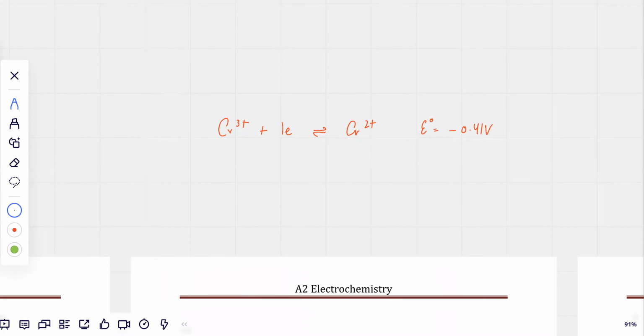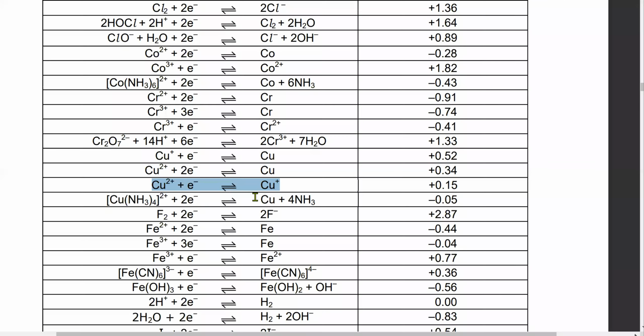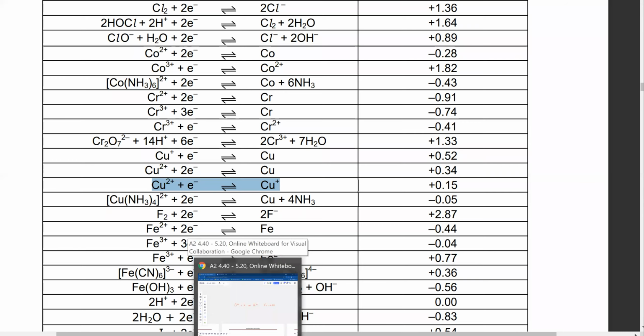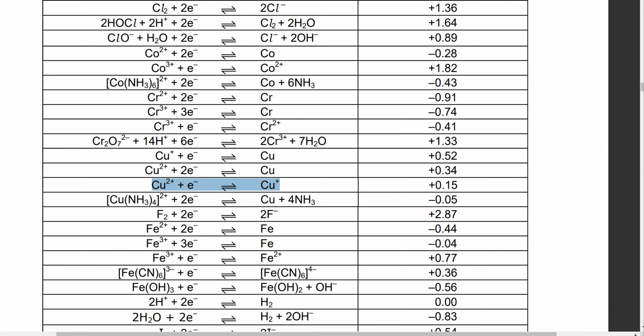And I'm going to take another electrode, the Fe2 plus Fe electrode, right? Which is minus 0.44.